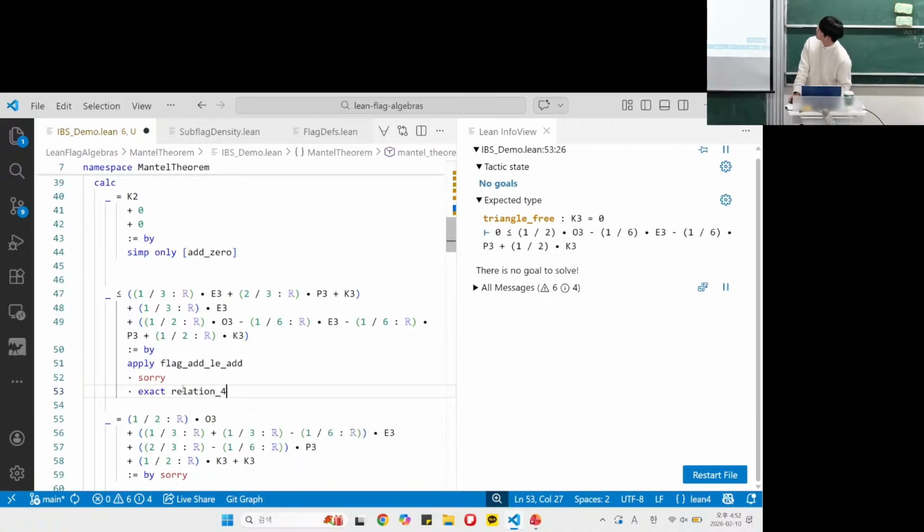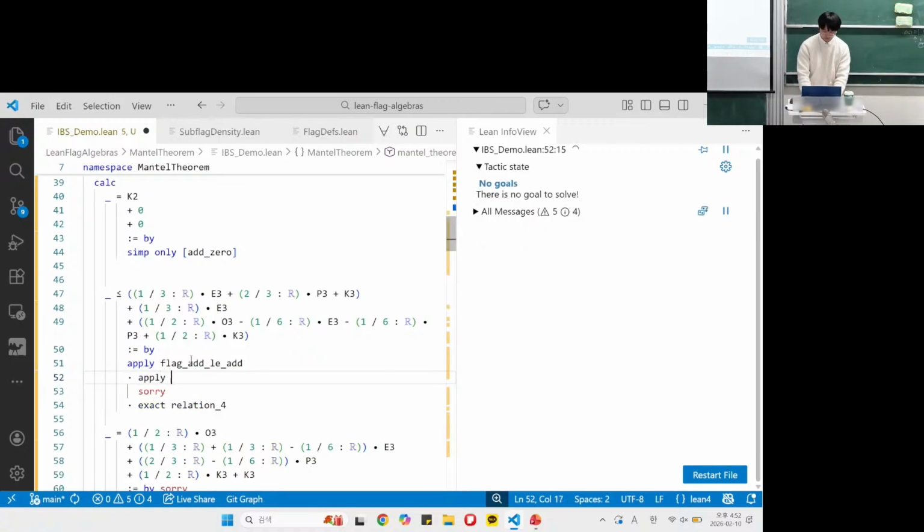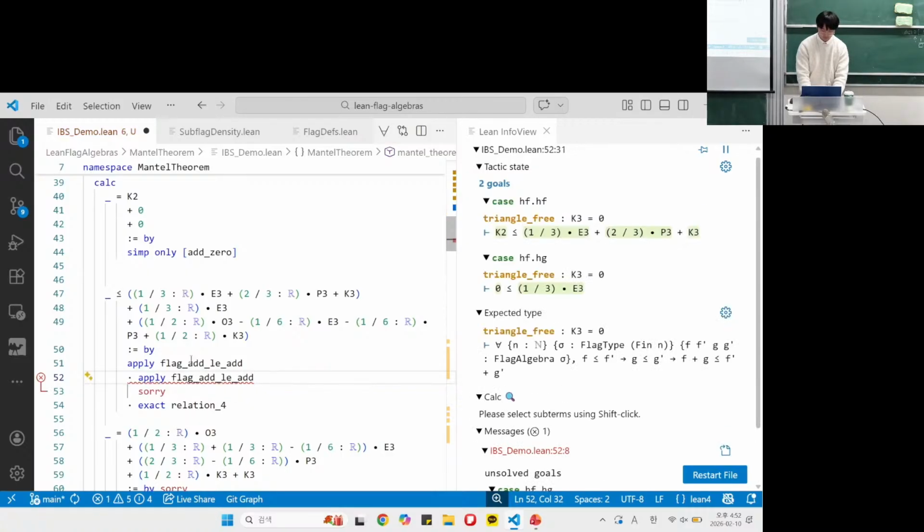So there is the word solved. And for the second inequality, we can apply add_le_add one more time.